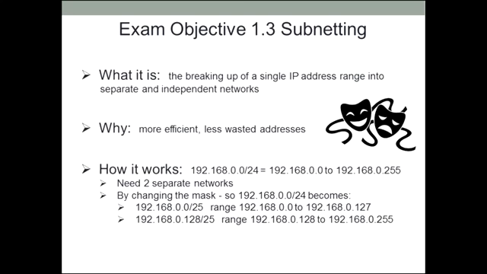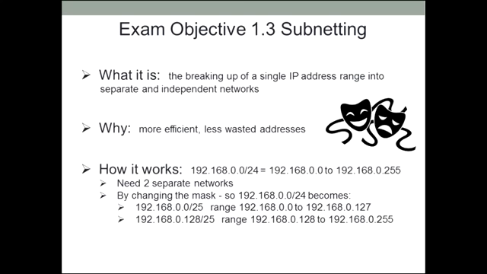That's actually the network. So the actual first address that would be available in that network would be 192.168.0.1. The other address that's not readily available in that network is the .127. That's the broadcast address. The actual last address that's available would be .126.